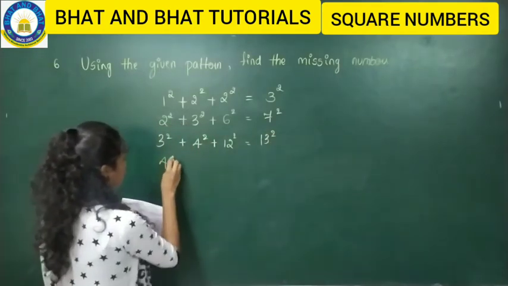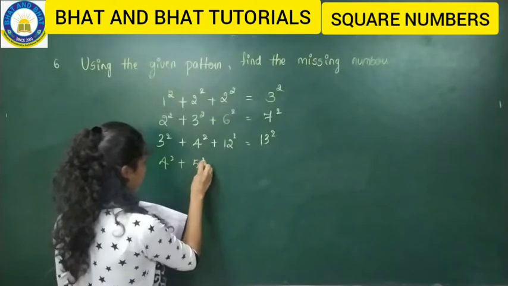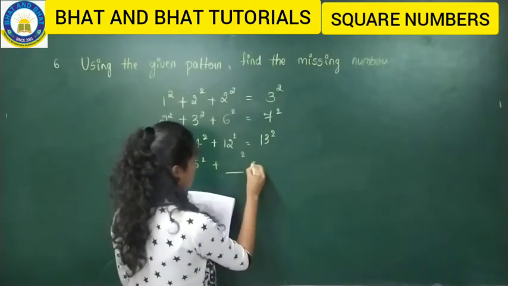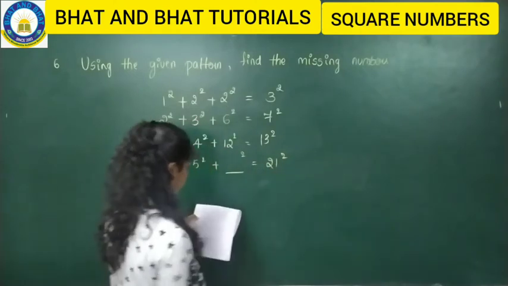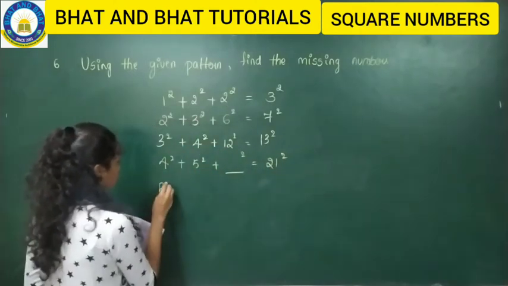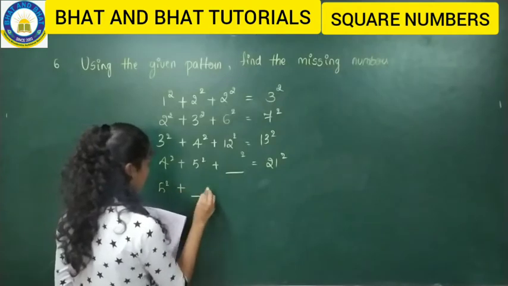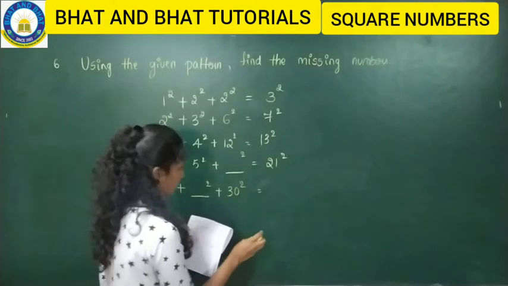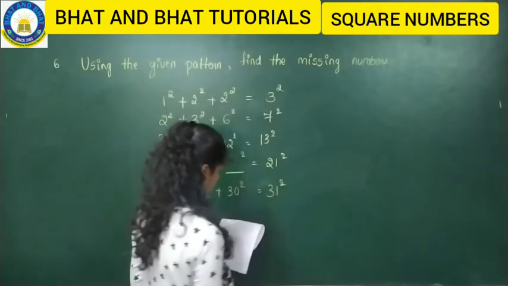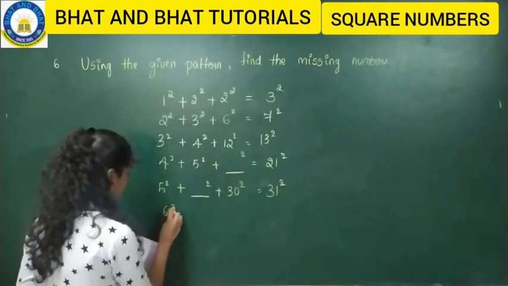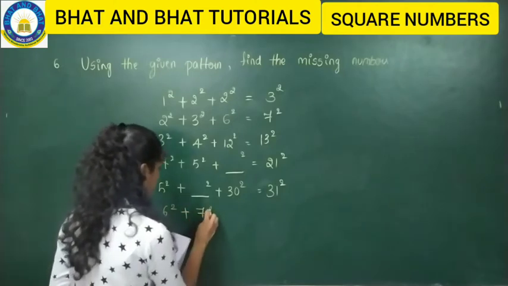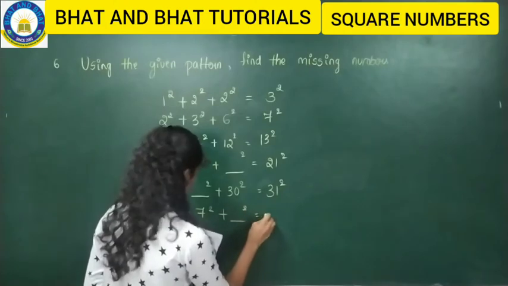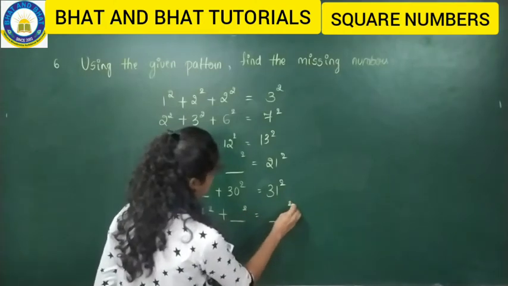Next, 4 square plus 5 square plus dash square is equal to 21 square. Next, 5 square plus dash square plus 30 square is equal to 31 square. Next, 6 square plus 7 square plus dash square is equal to dash square.